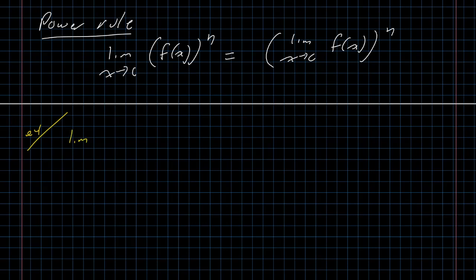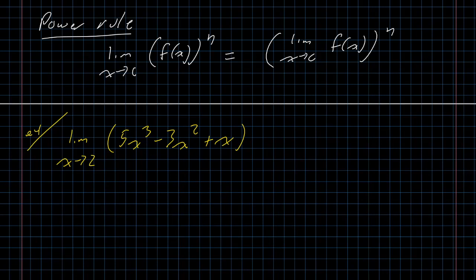The limit as x approaches 2 of 5x cubed minus 3x squared plus x. I'm not going to write it out in multiple steps. Using linearity, we can split this thing up.